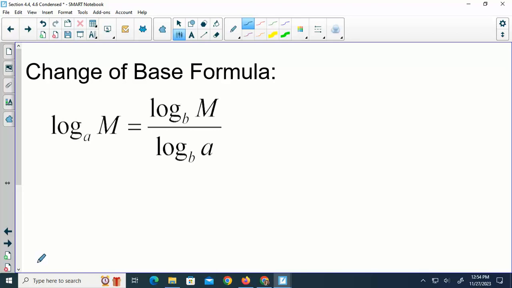The reason this works is if I said like log base 2 of 3.